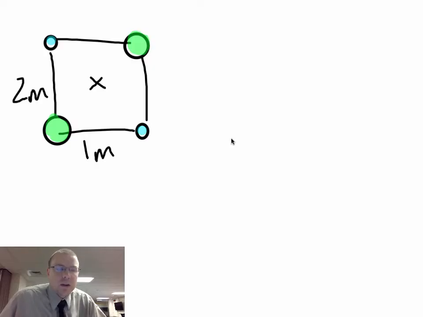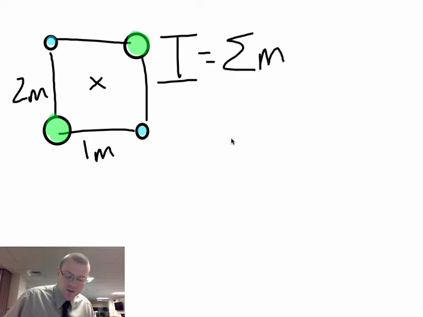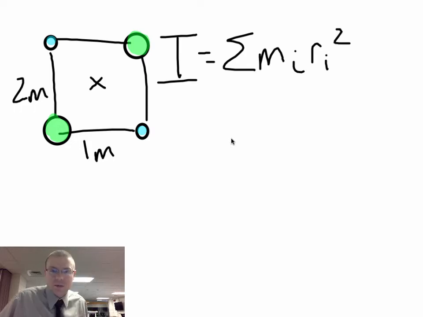So for example 1 here, I have the 2 kilogram masses that are in the corners in blue, and I have the 4 kilogram masses in green at the other corners. I've got the distances between each of those, and if I want to calculate the moment of inertia for the system rotating about our axis point, which is that x, so if this whole thing spins around the x, I can calculate moments of inertia with the capital letter I. And what I want to do is find the sum of each mass times their distance from the center point.